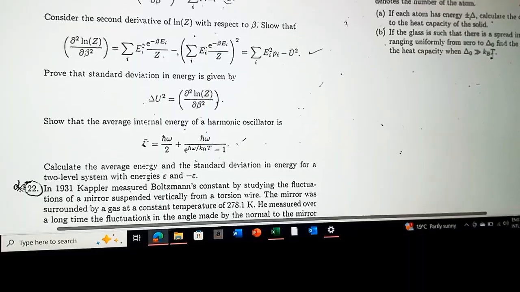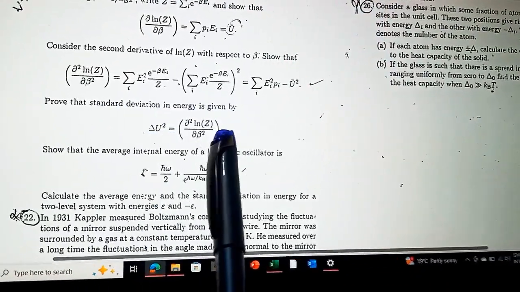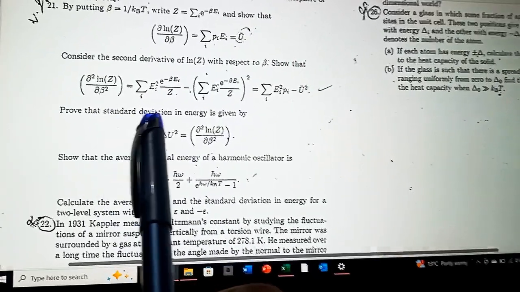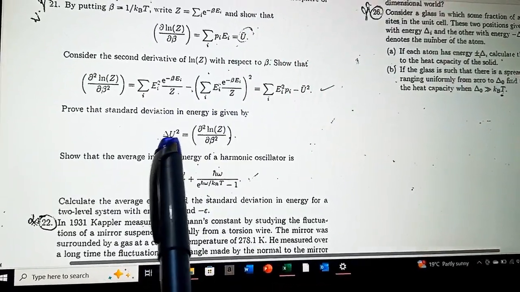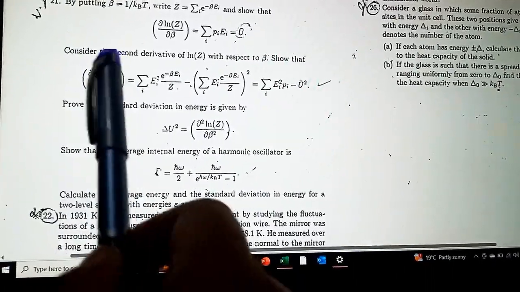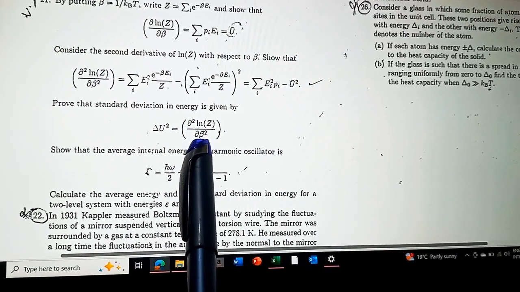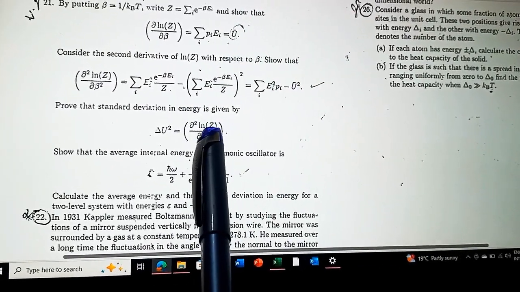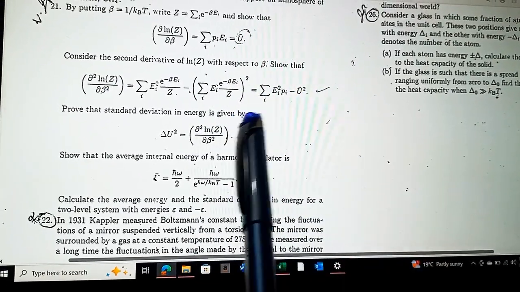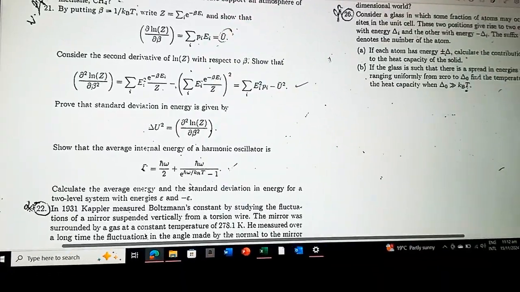The third thing is to prove that the standard deviation in energy is given by this relation. The standard deviation in energy is given by delta u square equals this double derivative. The result we got for the double derivative, the double derivative with respect to beta of natural log of z, is equal to this. So we need to actually prove that delta u square is equal to this.